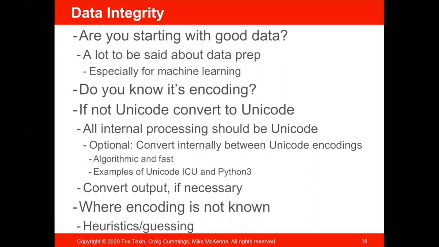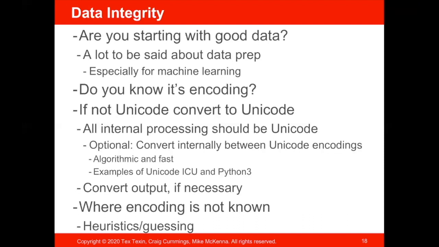There is a case where you may not know the encoding of some older data, but it's good data, and you want to convert that to Unicode. There are heuristic ways, that's a fancy word for guessing, to convert from something that is not known into Unicode.